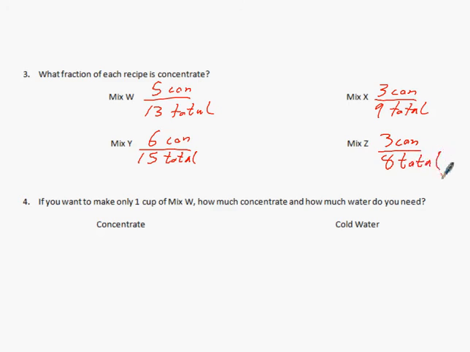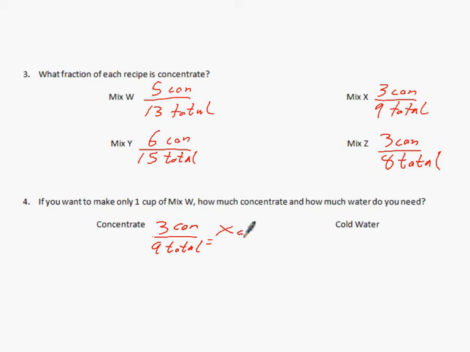4, if you want to make only 1 cup of mix W, how much concentrate and how much water do you need? So, mix W is 3 cups concentrate over 9 total.